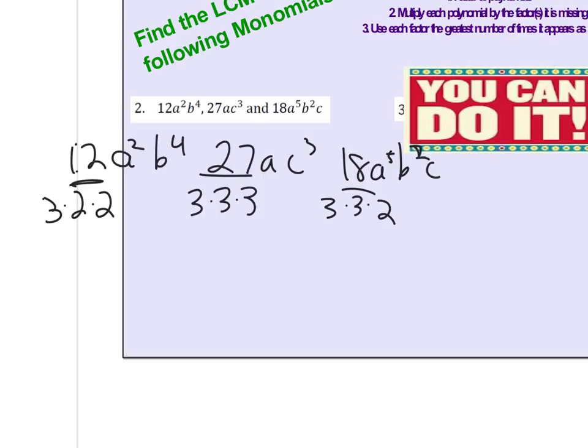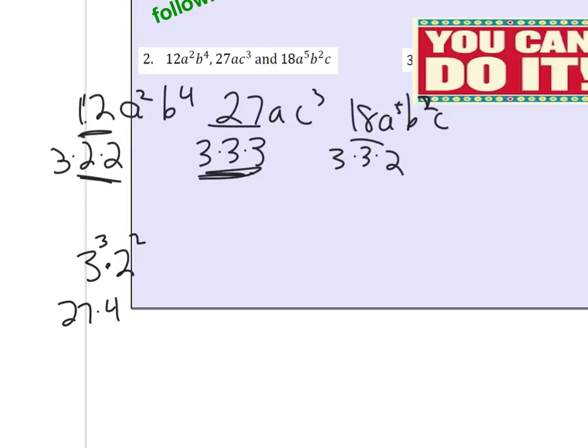So I've got 3 three times, and I've got 2 twice. That is the greatest number of times that those show up. 3 shows up 3 times here. 2 shows up twice here. So I'm going to multiply those. So that would be 27 times 4.